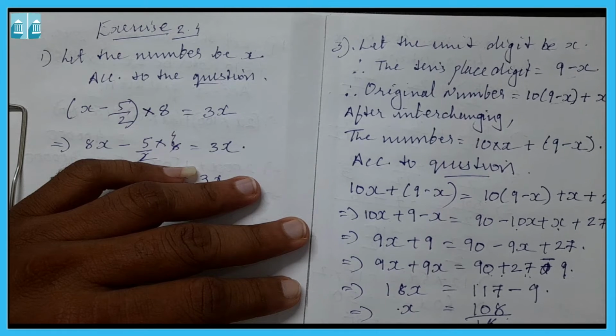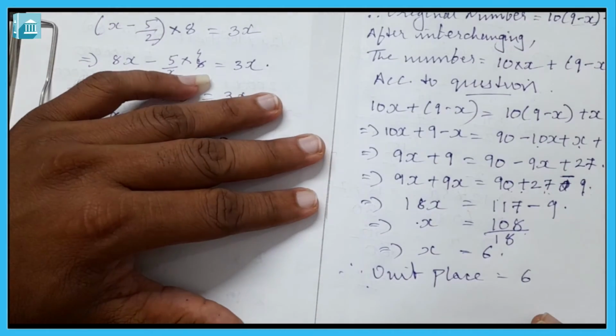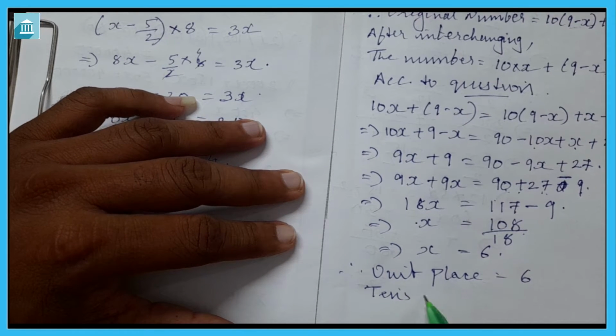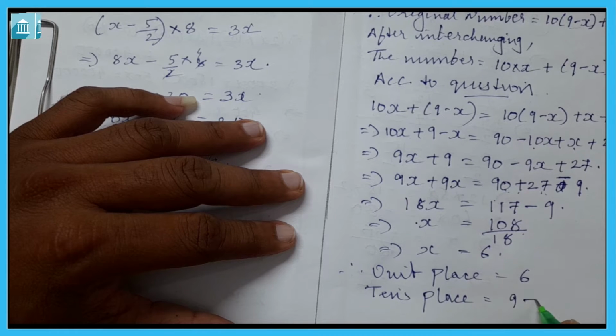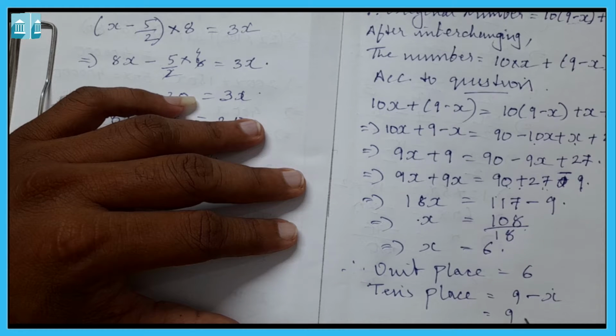Therefore the unit place is equal to 6. The tens place is equal to 9 minus x, which is 9 minus 6, which is equal to 3.